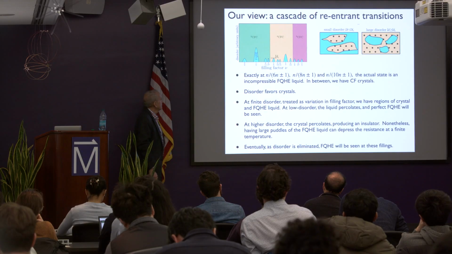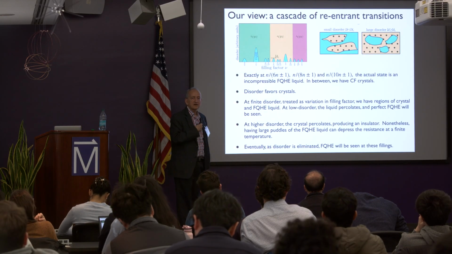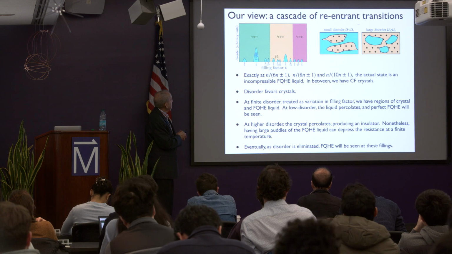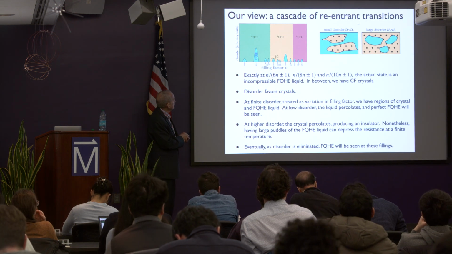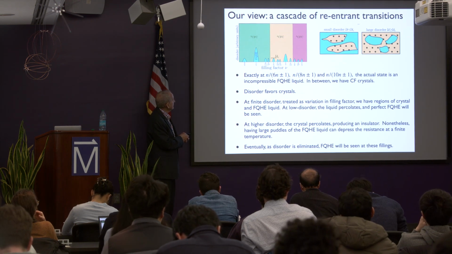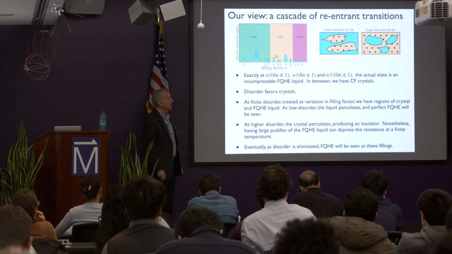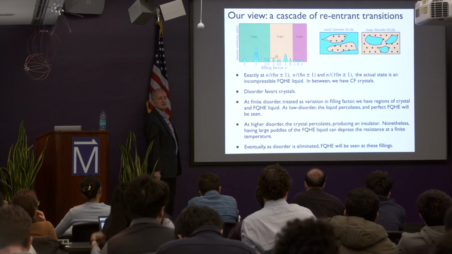The picture that I believe is true is that the system looks like this precisely at these filling factors, 1/7, 2/13, 3/19, etc. There's a region where it's a fractional Hall state. In between, it's a crystal.